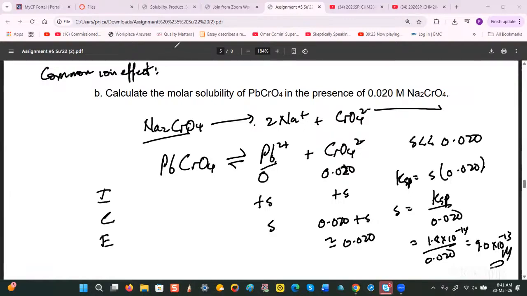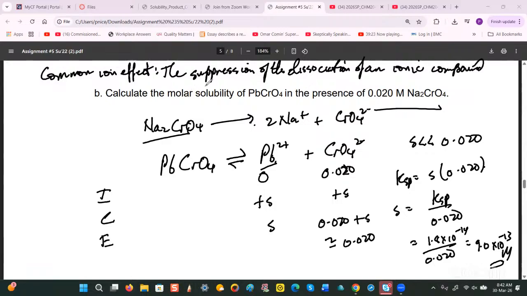Basically, the common ion effect is the suppression of the dissociation of an ionic compound due to the presence of a common ion.